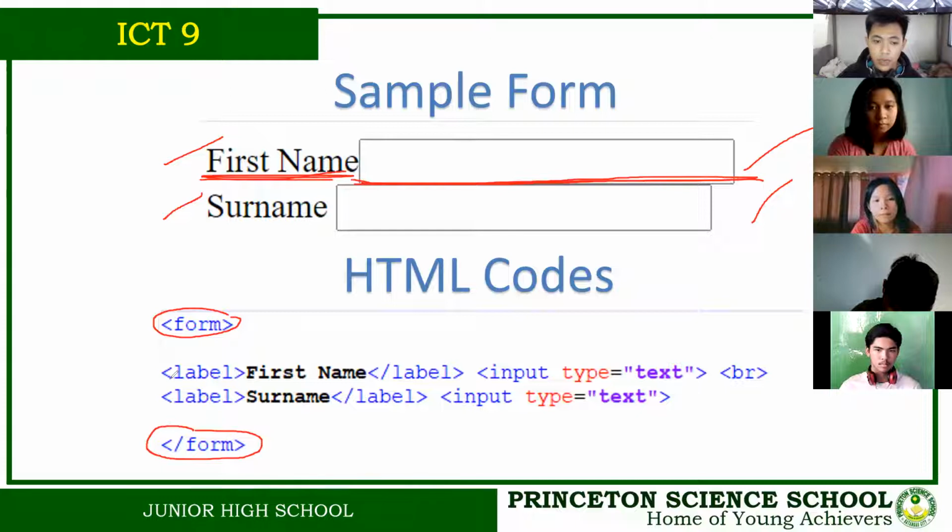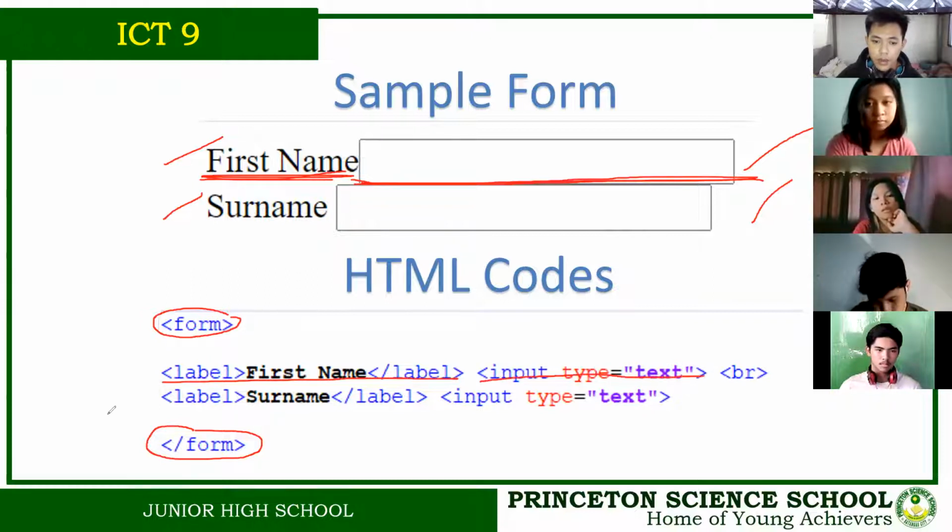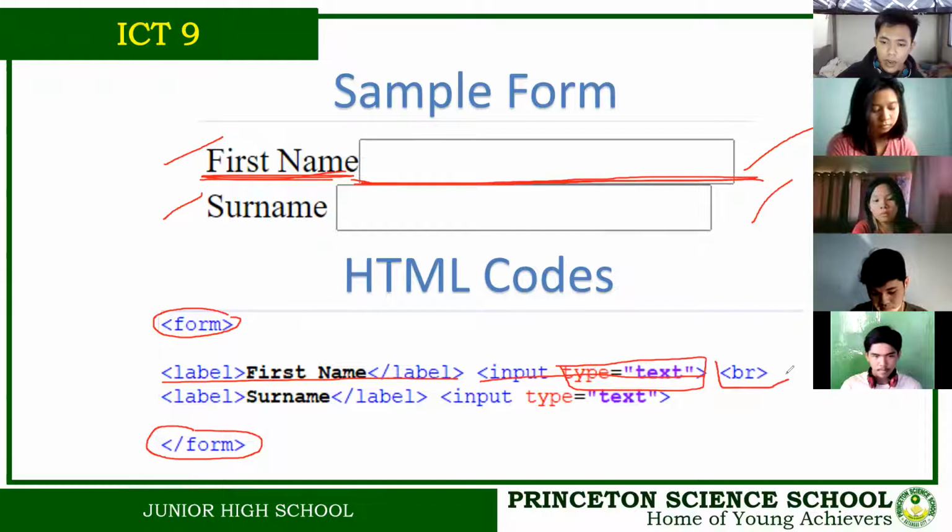Same thing goes in our HTML document. First we have the label, and then we have the input field. The label tag will provide the name, and the input tag will provide the text box. As you can see here, it is already set to text. And then right after that, a line break.